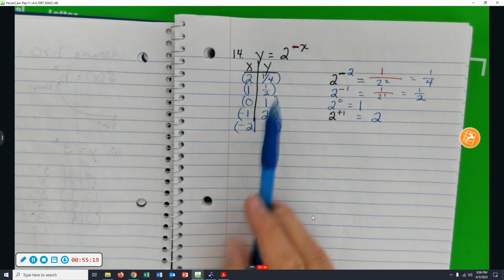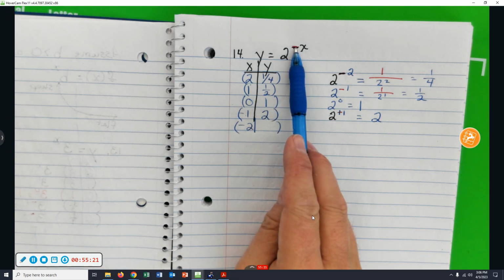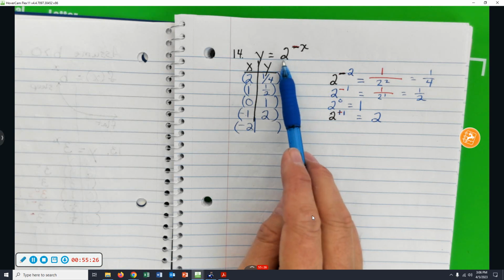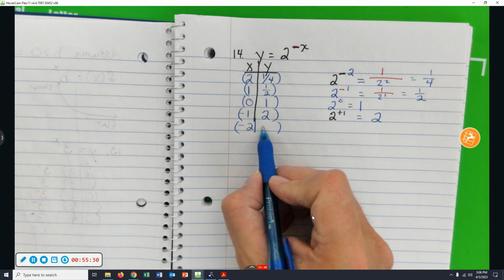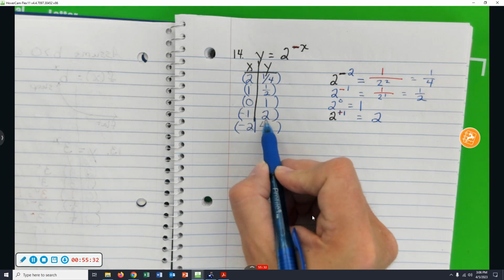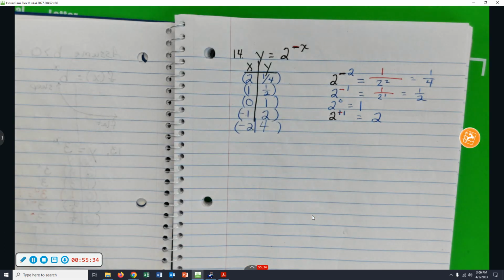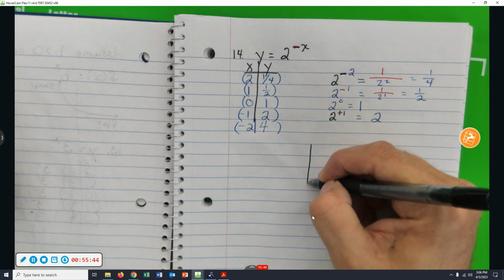If I plug a negative 2 in here for x, negative negative 2 will be positive 2. So 2 to the positive 2, what's going to go right here? Do y'all see how I found those numbers? Any questions there? Let me draw my graph.